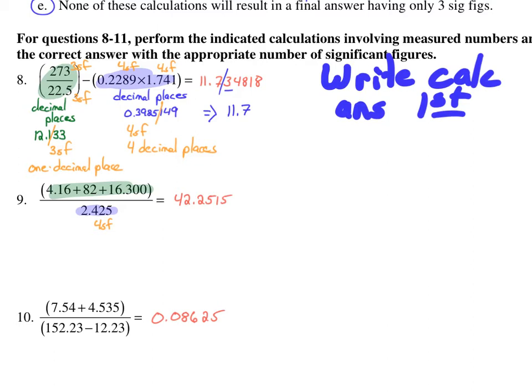Question 9 is division. We see that there are 4 sig figs in the denominator, but we need to evaluate how many sig figs there are in the numerator. Here's our intermediate result of the numerator, but we see we can only go to 0 decimal places.